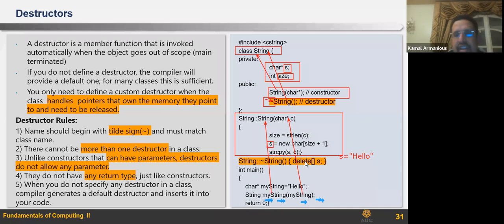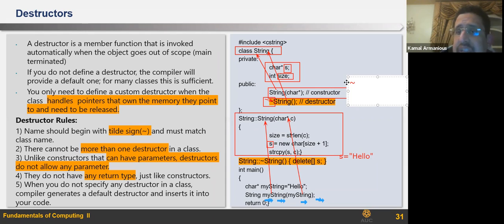One final thing. A destructor is the same name as the class. It has a symbol like this one. There is only one destructor in the class. What does it do?